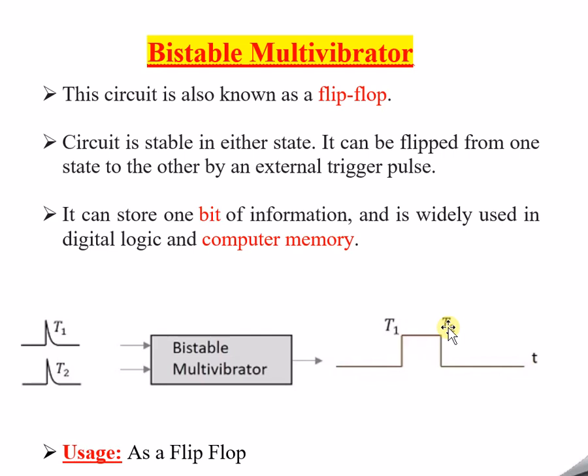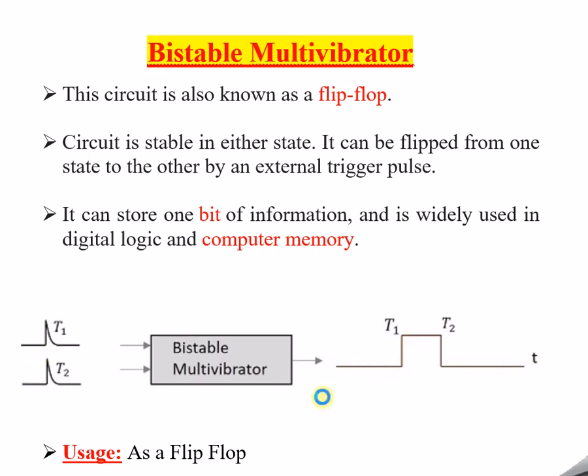Correct, it has stable states. That's why we can say that a bistable multivibrator is called a flip flop, but a monostable multivibrator is not. Because it stores two values, on state or off state, one bit of information will be stored at a particular time instant. That's why it is called a flip flop. I hope it is very clear now.